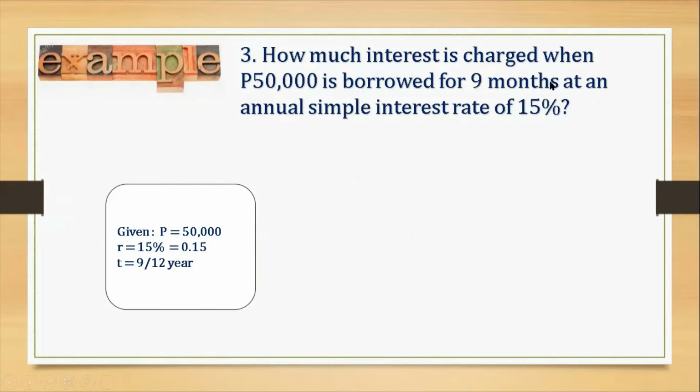Okay, so you can write it there, 9/12 year, because that's 9 months, and 1 year is equivalent to 12, so we can write it in a fraction of 9/12 and label it with year.